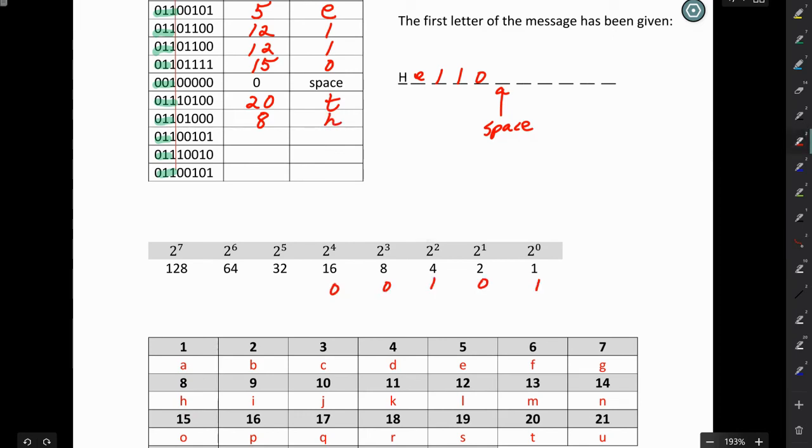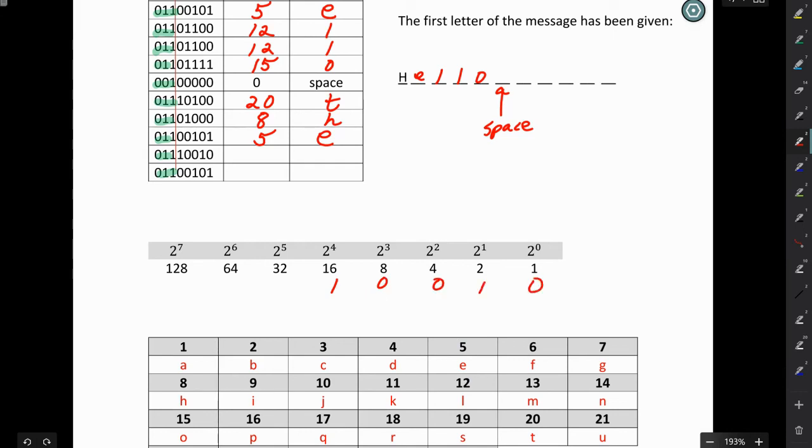The number we have is 0, 0, 1, 0, 1. So that's going to be 4 plus 1. That's going to give us the number 5. 5 in the table goes with letter E. The next number we have is 1, 0, 0, 1, 0.